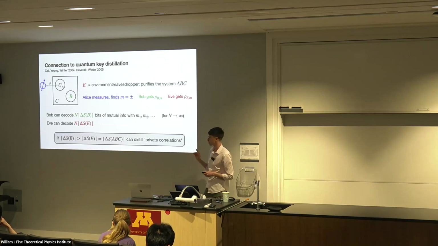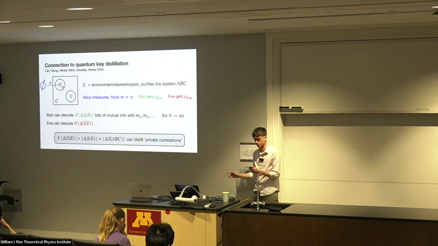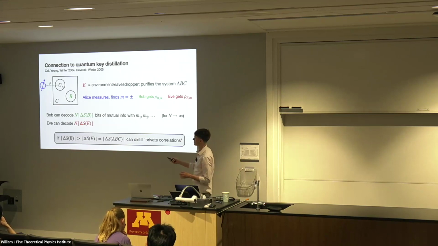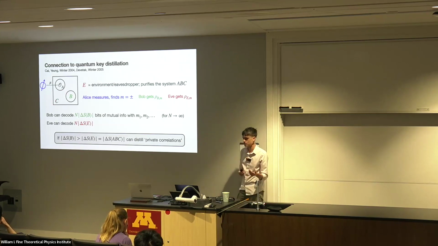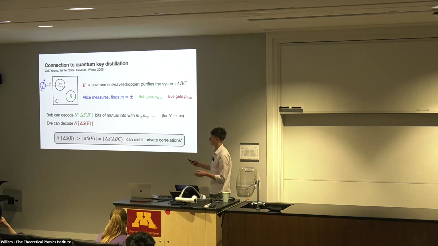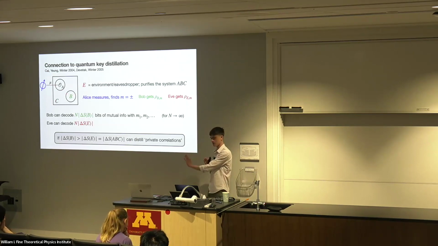But crucially, and this is why this concept is so useful in many-body systems, C can know what's going on in A and B. So these ideas from quantum key distillation allow me to define a notion of privacy where A and B can have some correlations, and I can choose who's excluded. If I was talking about entanglement, I wouldn't have that freedom.